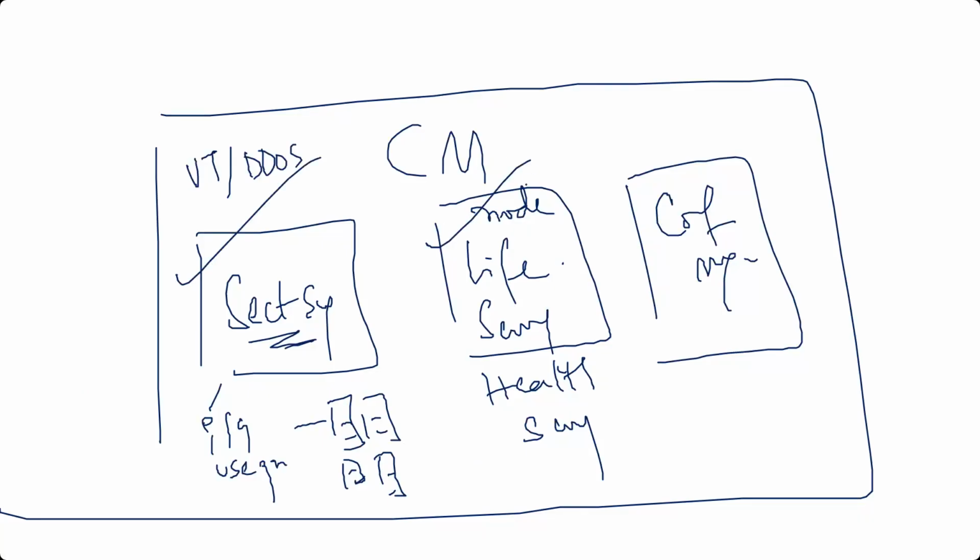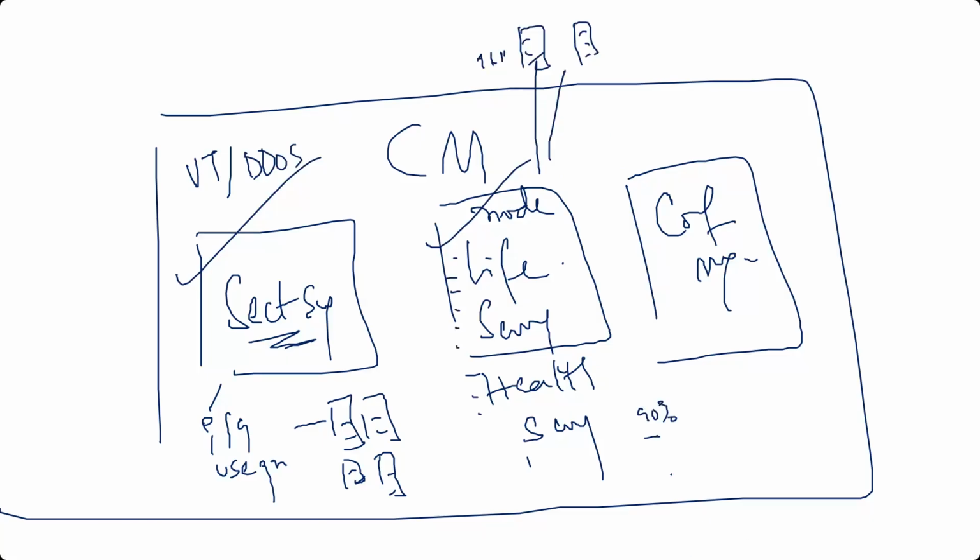The life sensing module or health sensing module will always sense whether the container image is up or down. So you can define a configuration here that if the CPU consumption is hitting 90%, you bring that image offline. You can write those rule sets in the health sensing module.